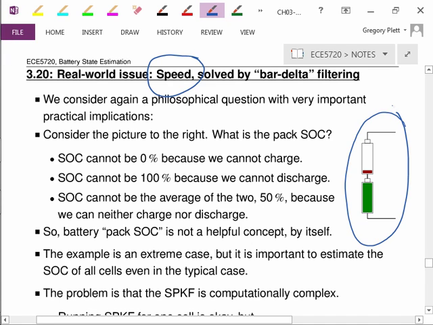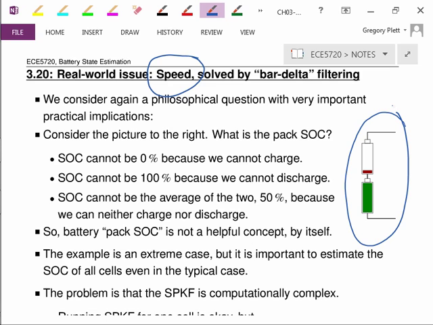The philosophical question of this example was, if I have a pack that has only two cells in it, and one cell is fully charged and one is fully discharged, what is the pack state of charge? And we've argued that a pack state of charge cannot be 0%, because 0% would give us the impression that we could add charge to the pack to charge it, but we can't. The pack state of charge cannot be 100% because, again, that gives us the idea that we can discharge, but we can't.